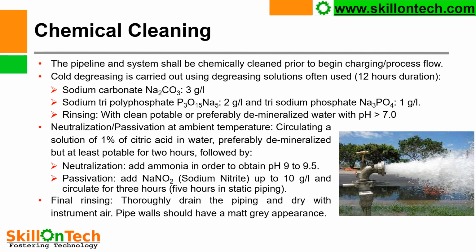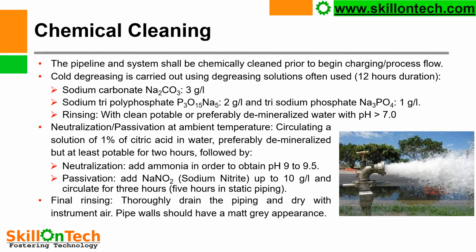Rinsing with clean, potable or preferably demineralized water with pH greater than 7 shall be used for rinsing of the pipeline. Neutralization and passivation at ambient temperature shall be carried out, circulating a solution of 1% citric acid in water, preferably demineralized but at least potable, for 2 hours, followed by neutralization.